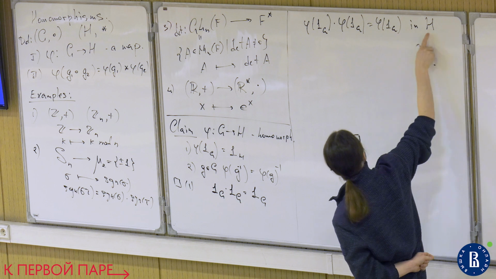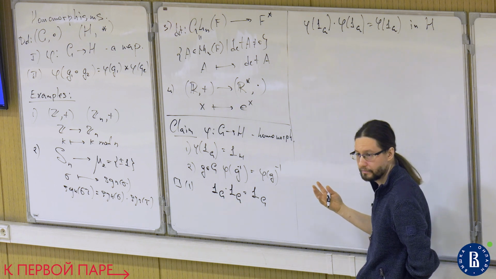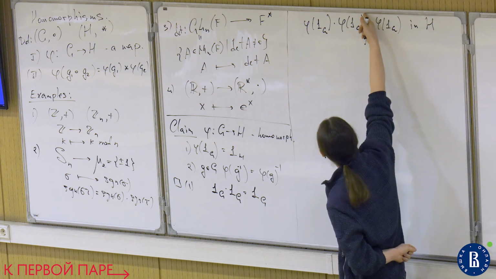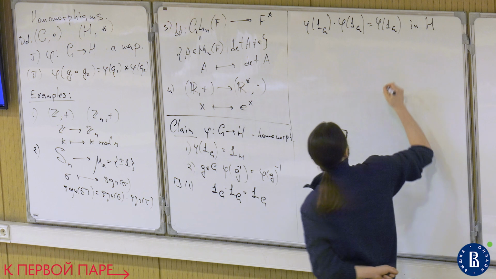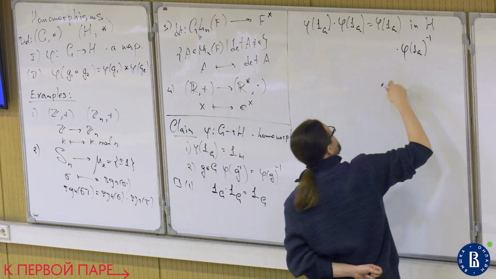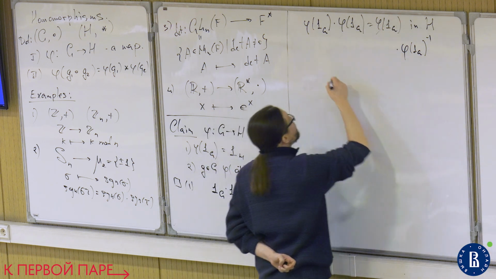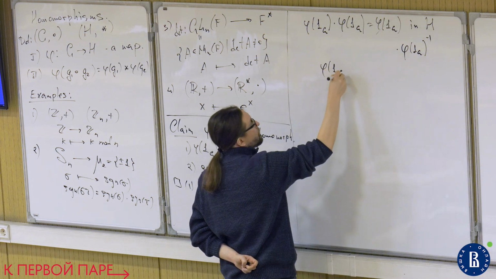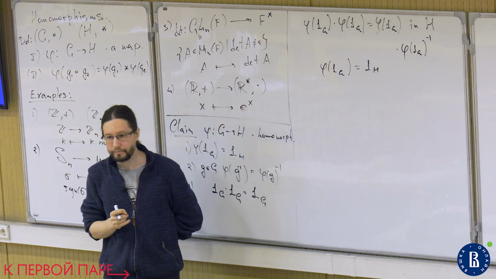And now, since this is a group, every element has an inverse. So for example, we can cancel one of the factors because we can multiply by phi of 1_G inverse, let's say, on the right. Then we can cancel these and these, and as the result, we will get this equality.